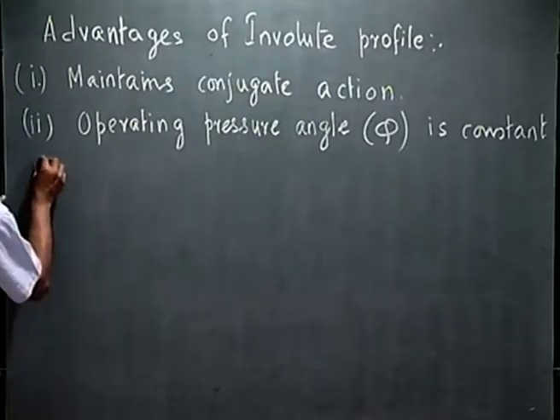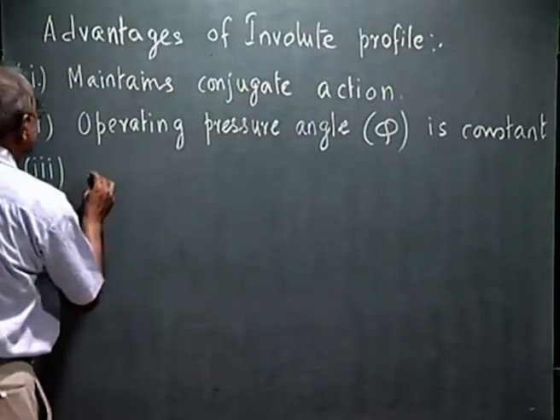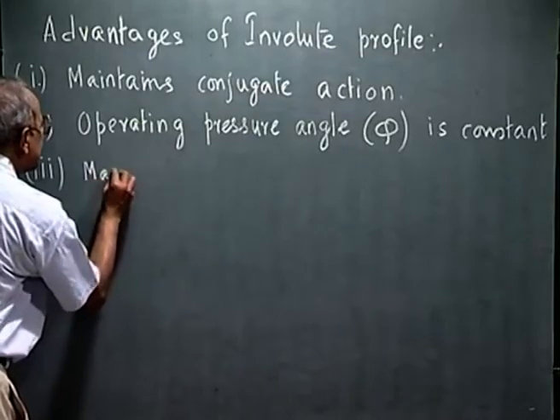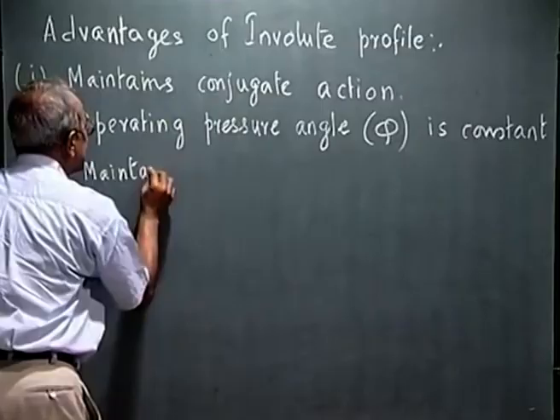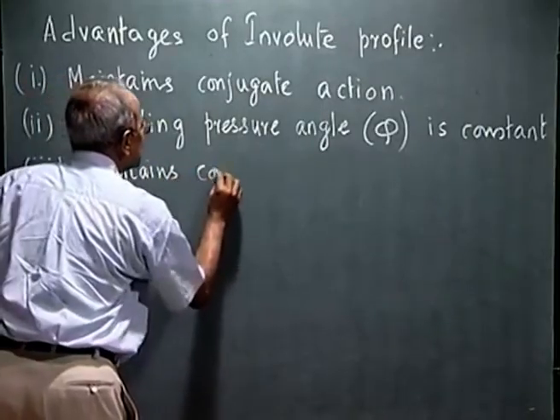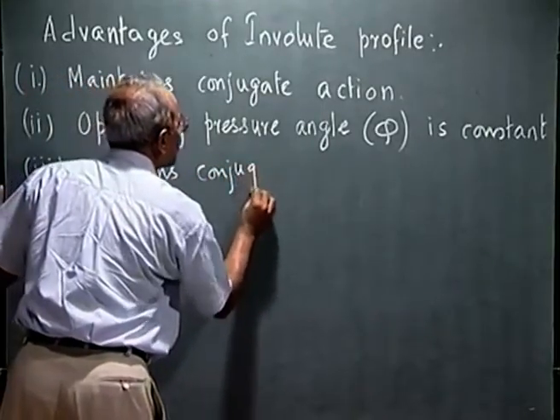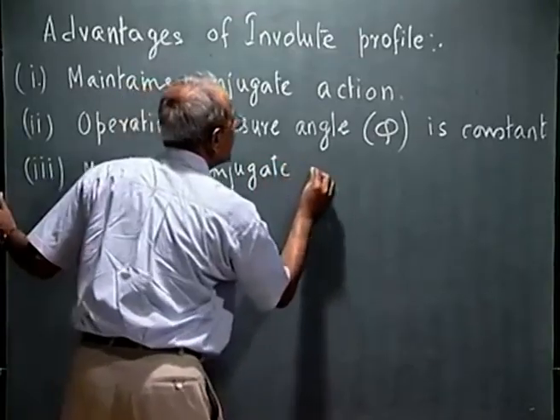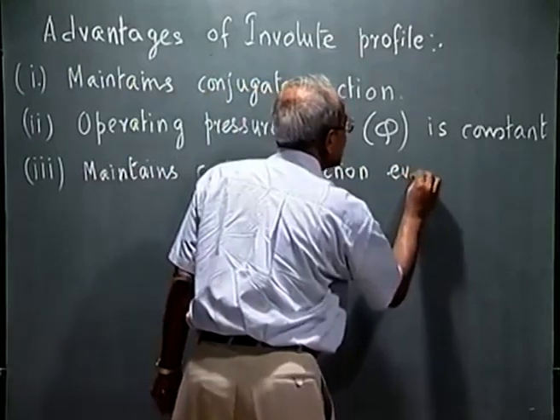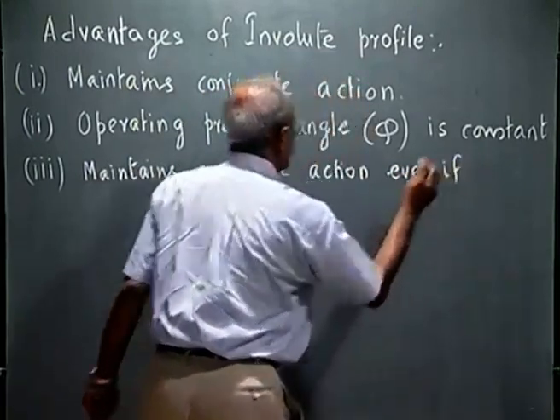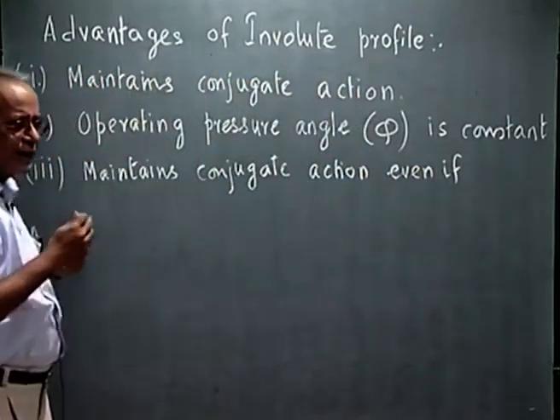And the third advantage is that a pair of involute gears maintains conjugate action even if the center distance between the gears is changed.